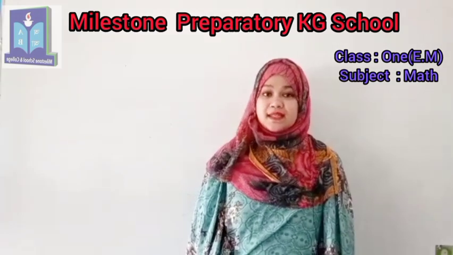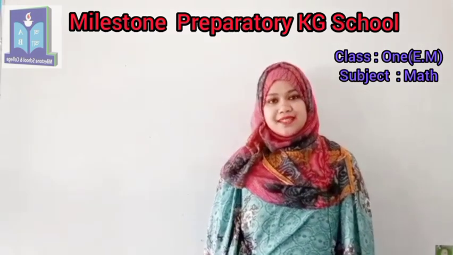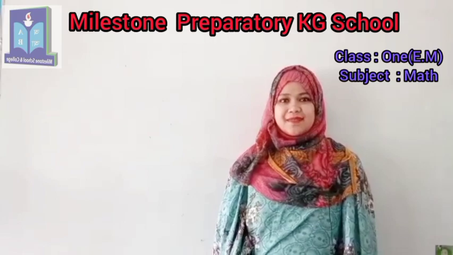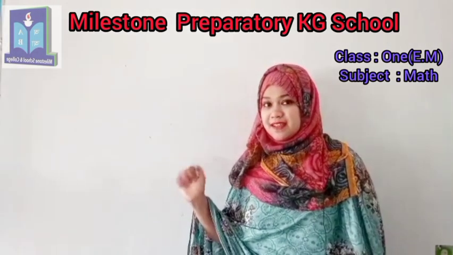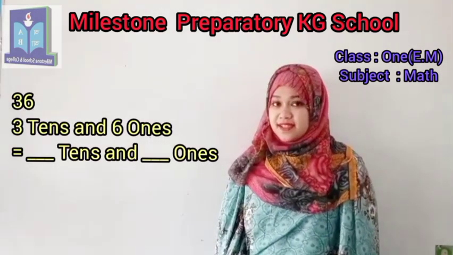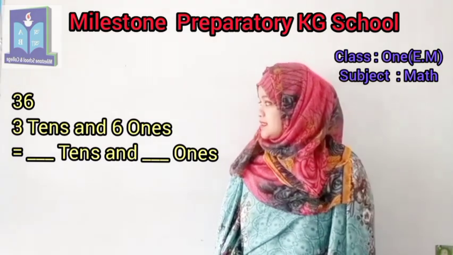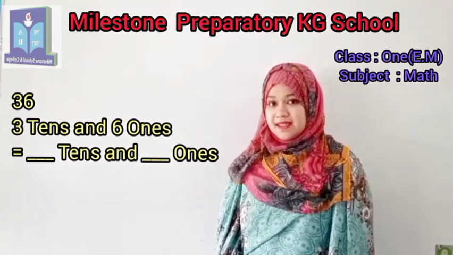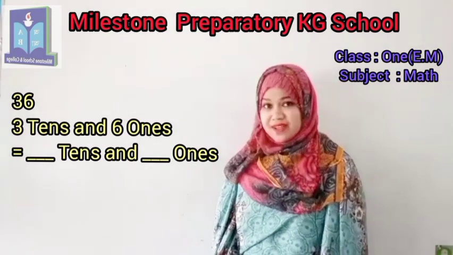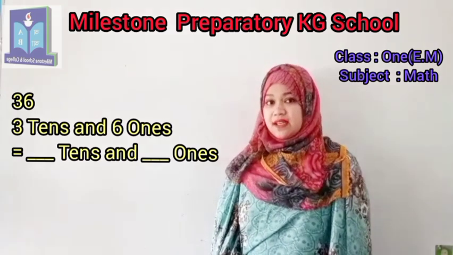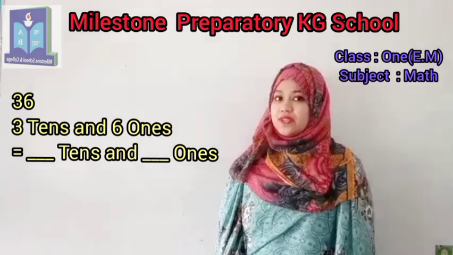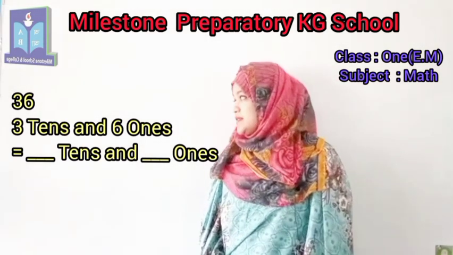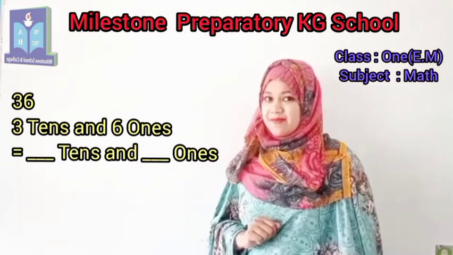Okay, dear students? Now I want to take a little test. Okay, look here. What is the number here? 36. Its extended form is 3 tens and 6 ones. If I tell you to break the tens position number, what do we get? Can you say?